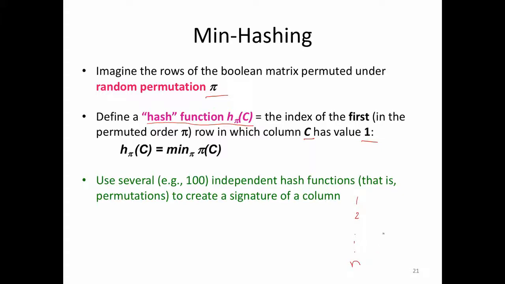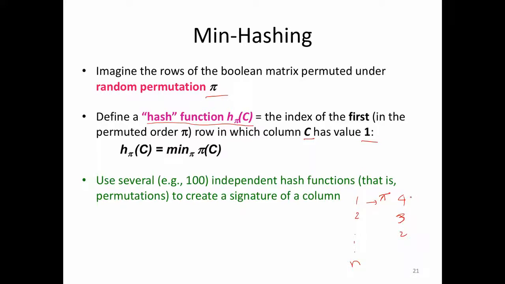Now we do a permutation pi of this. In the revised permutation, something will come here, let's say something like 4 3 2.